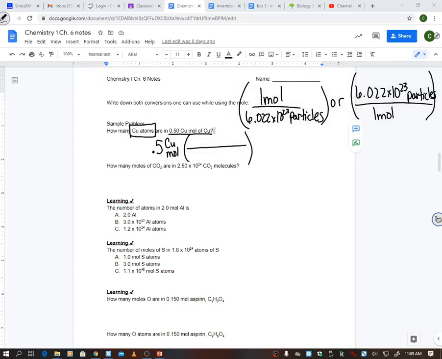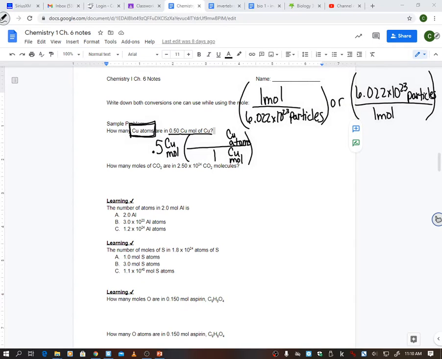Remember, in section 1, I said write down what they give you. Put that on the bottom because I need to get rid of that. Now, what goes on top is what I am looking for, and that is copper atoms. We're only messing with two numbers: 1 and 6.022 times 10 to the 23rd. It's just where does it go, on top or bottom?